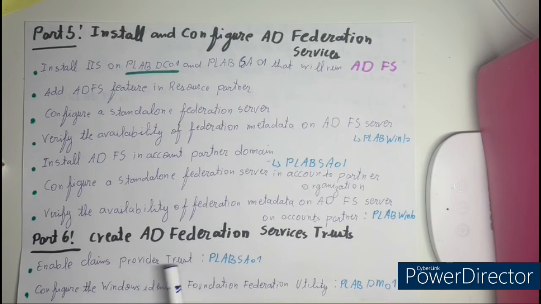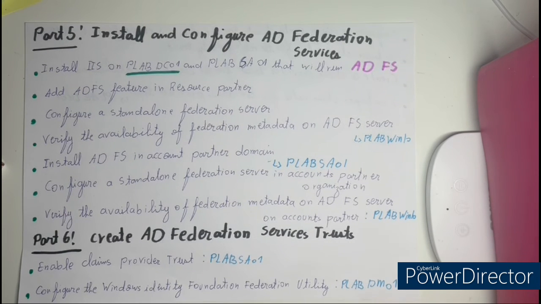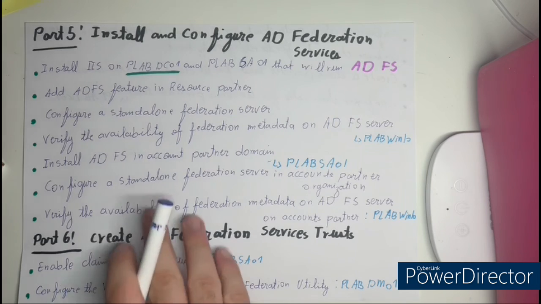We will create the AD Federation Service trust, and that will be within these two servers: the plub SA01, where we're going to enable the claims provider trust, and finally we will configure the Windows Identity Foundation Federation utility within the plub DM01 server.